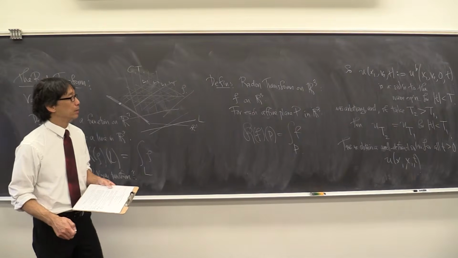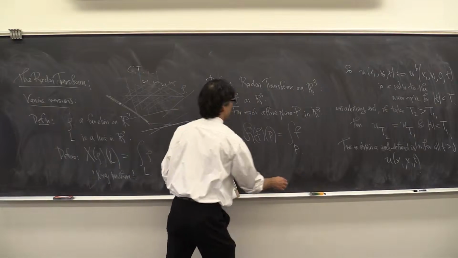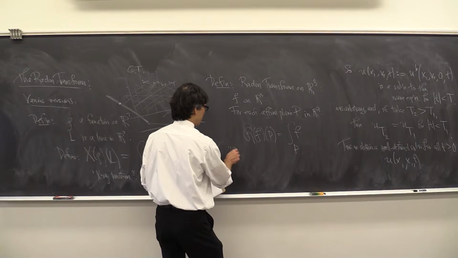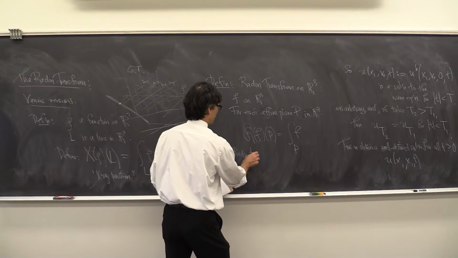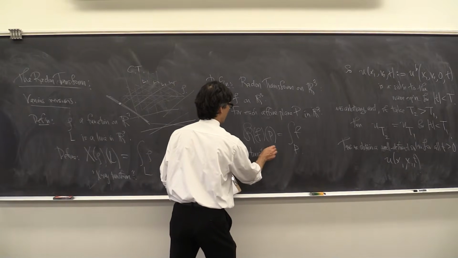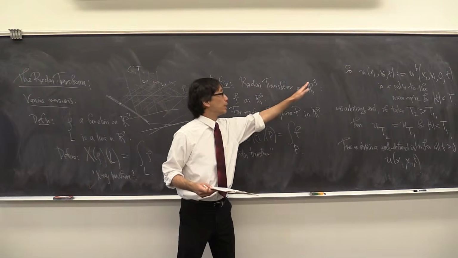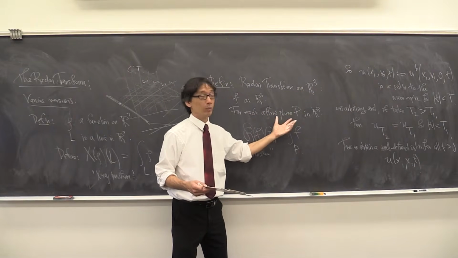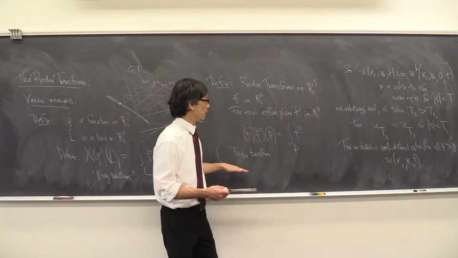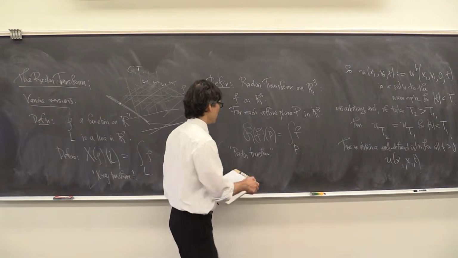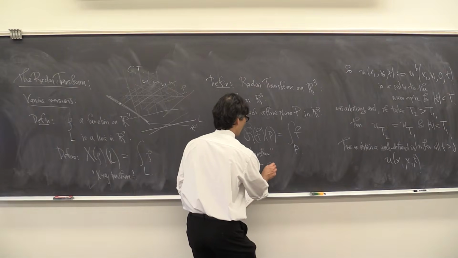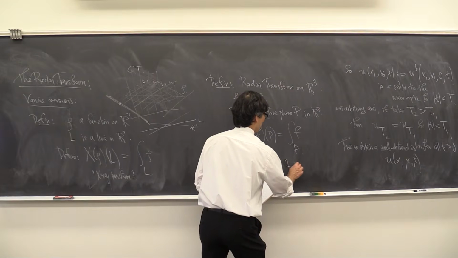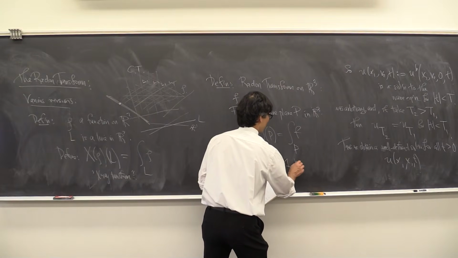In general, when we say Radon transform, this could be in Rn, then you do it on the n-1 dimensional subspaces, and you integrate over the n-1. So Radon transform refers to integration over codimension one hyperplanes.